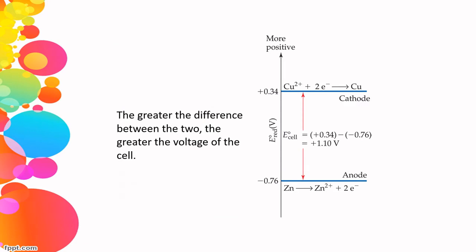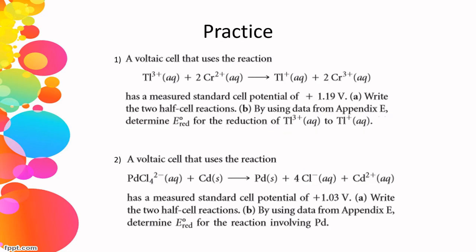In an electrochemical cell, the greater the difference between the two electrodes, the greater the voltage. For example, if you have copper and zinc here, this is the difference between these two electrodes, and this is the voltage resulting from the difference between these two.